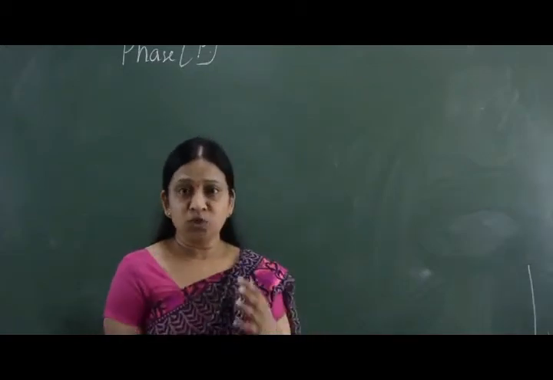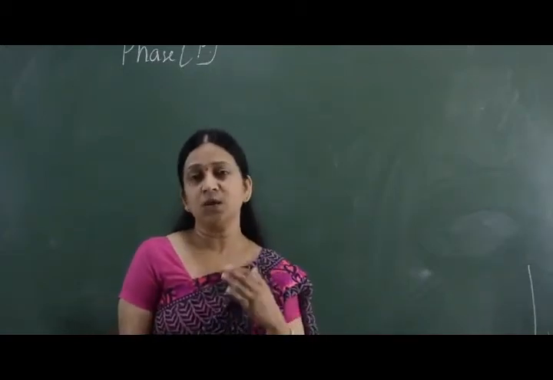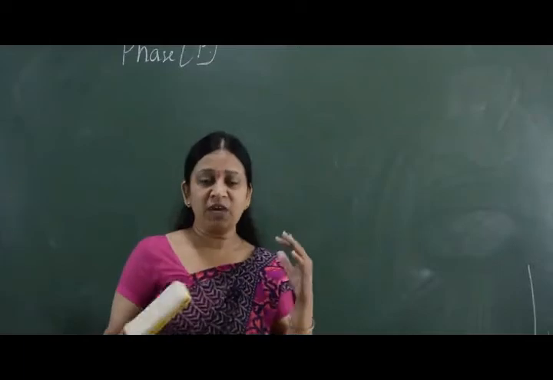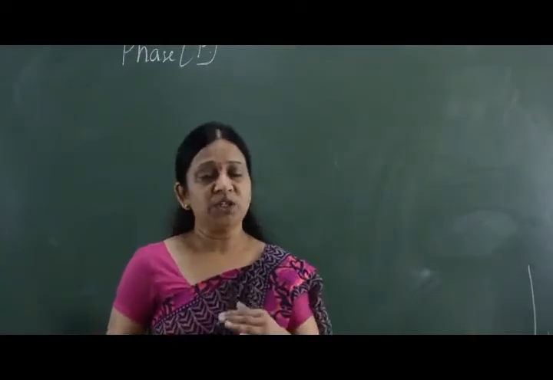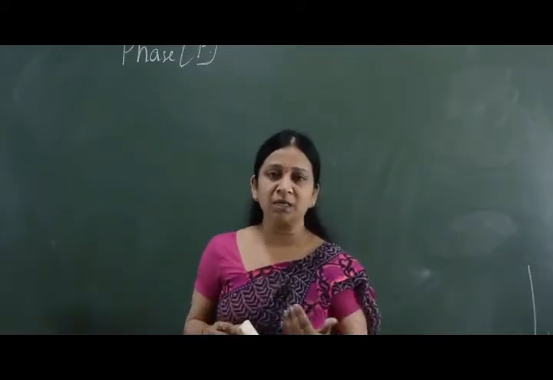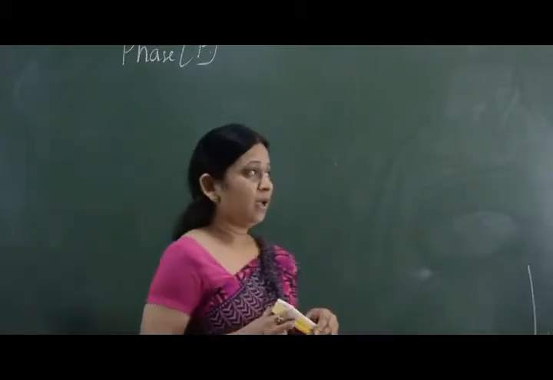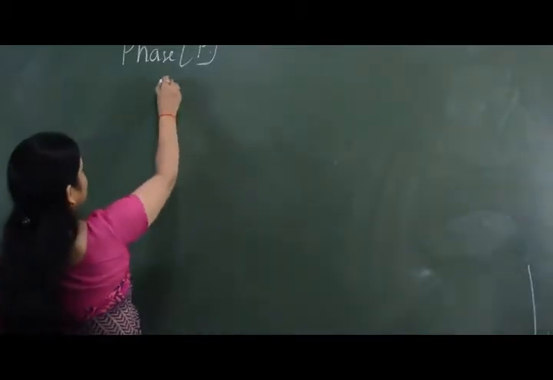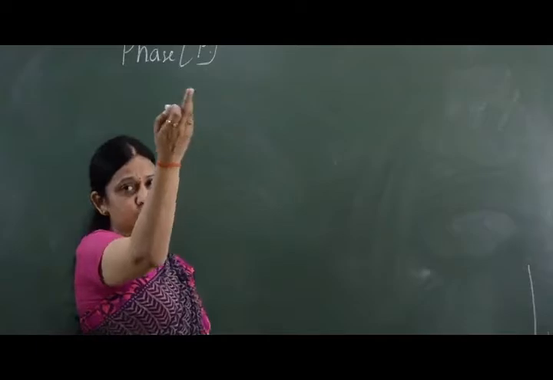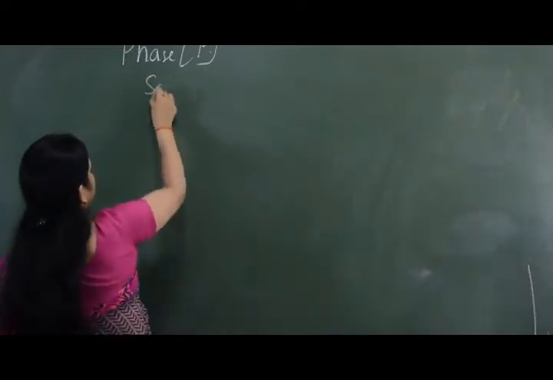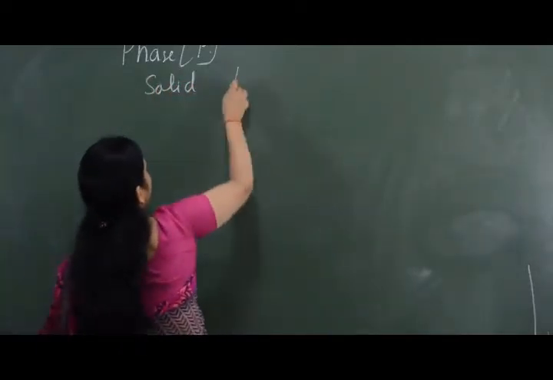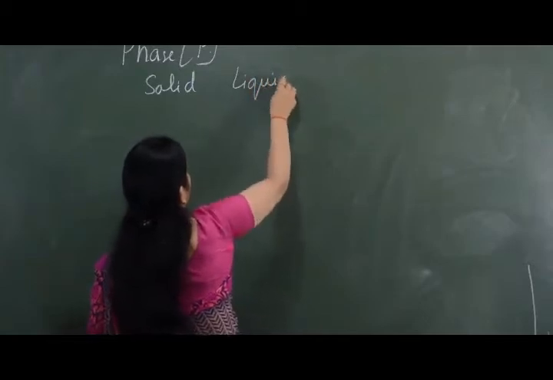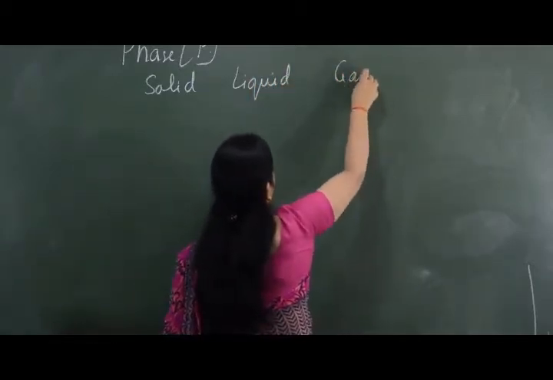So, I repeat again, phase is a homogeneous system which is separable from the other parts by a mechanical boundary. We have read three states of matter: one is solid, the other is liquid, and third is gas.